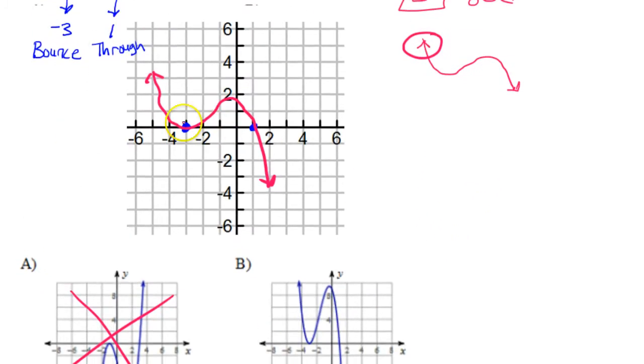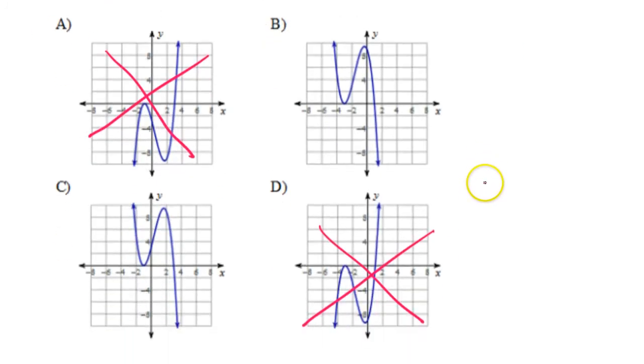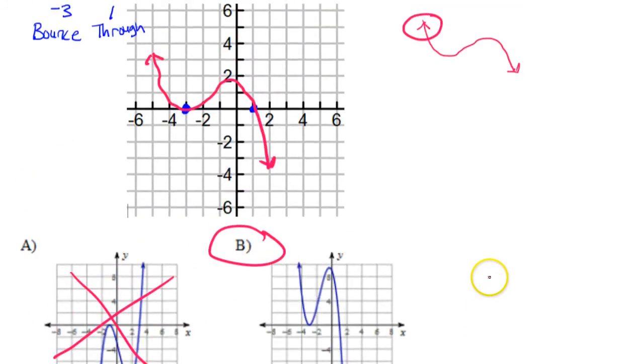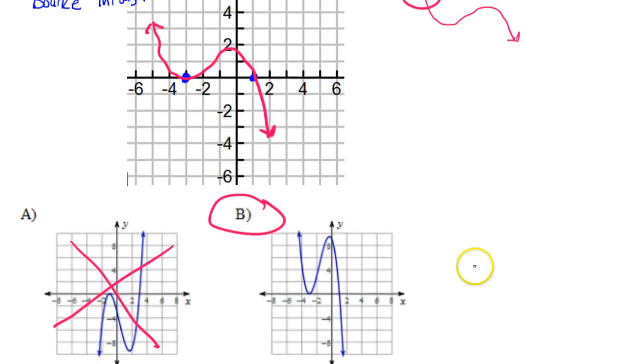Now we need the one that bounces at -3 and goes through +1. Okay, bounces at -3, goes through +1. Looks like the answer is B. Yeah, this one bounces at -1 and goes through +3, so that's not going to be it. Okay, so the answer is B.